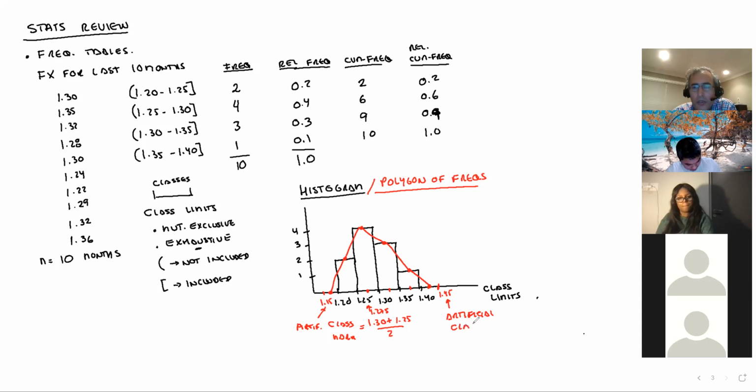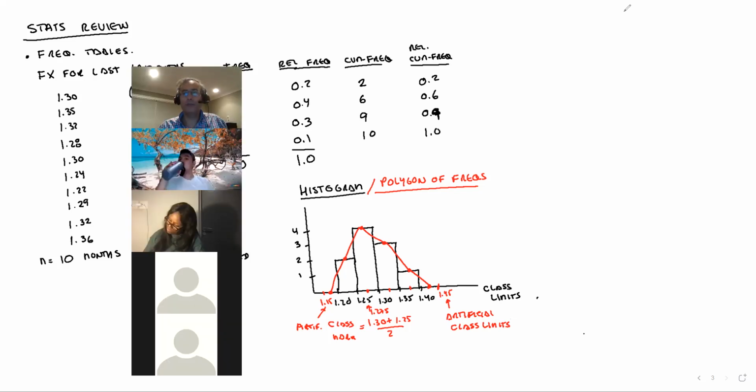Class limits. Okay? Make sense? Okay, so let me do another one that is called the OGIF.